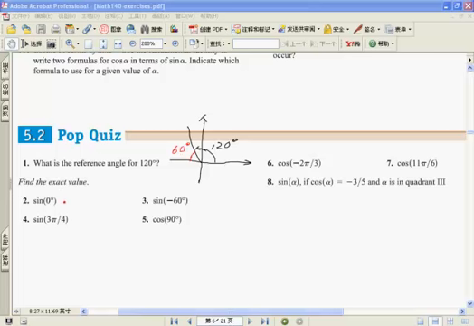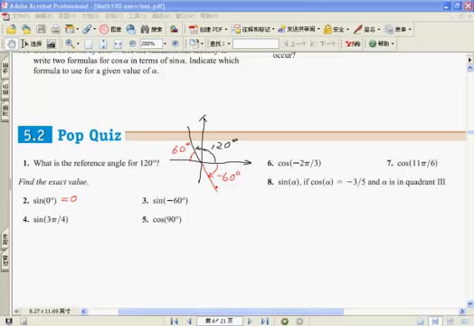Now number 2, sine of 0 degrees. So this is equal to 0. Number 3, sine of negative 60 degrees. We know negative 60 degrees is this angle. Its reference angle is 60 degrees.